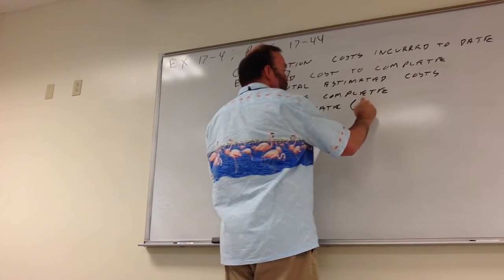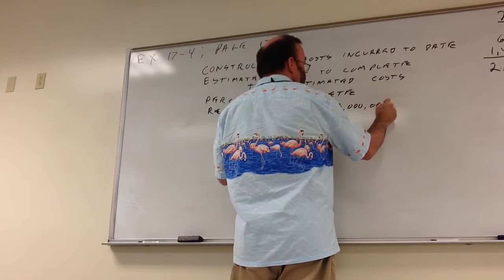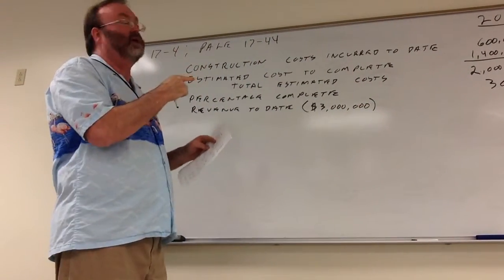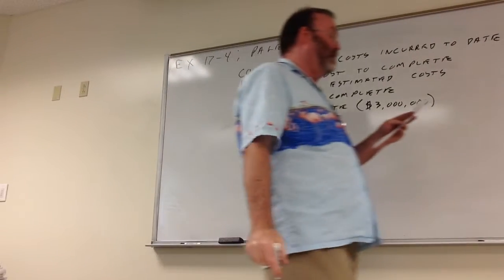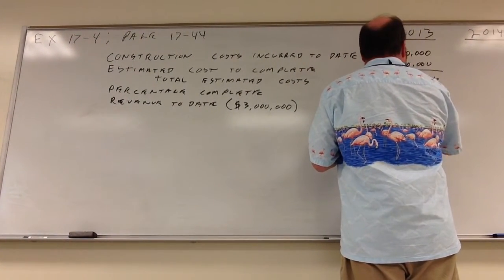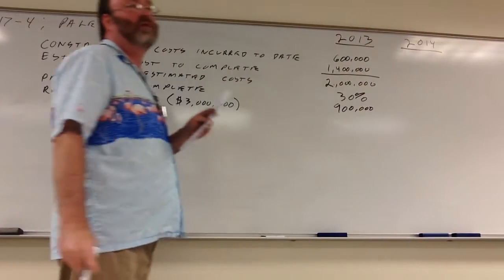And this particular contract is $3 million in total. So $3 million, 30% of that total contract is revenue to date of $900,000.